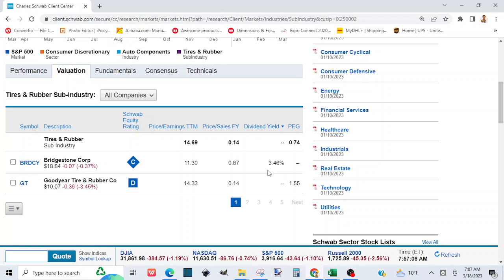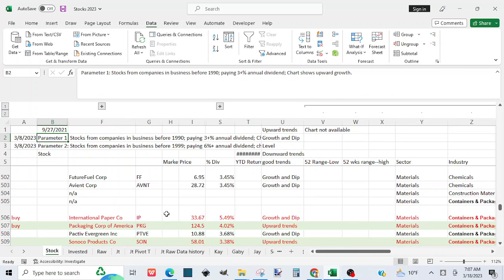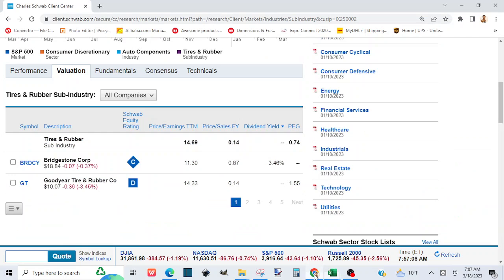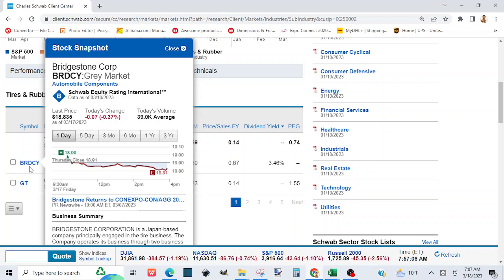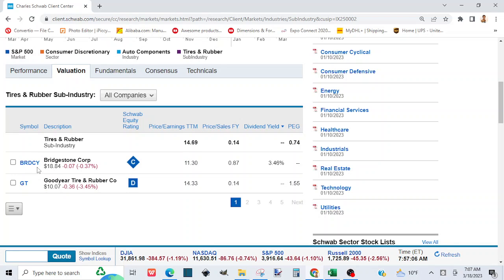Based on our parameters, maybe we can set a parameter that any dividend stock at 3% and up is a good one for us to add to our investment spreadsheet. Okay, so when you are adding it to your investment spreadsheet, you'll add the symbol, the company's name.